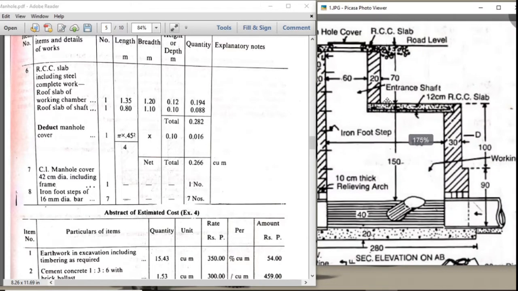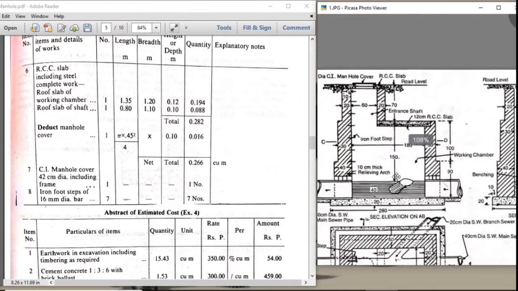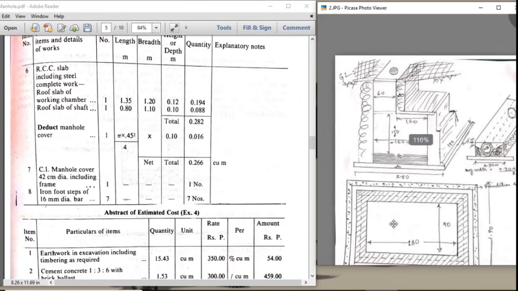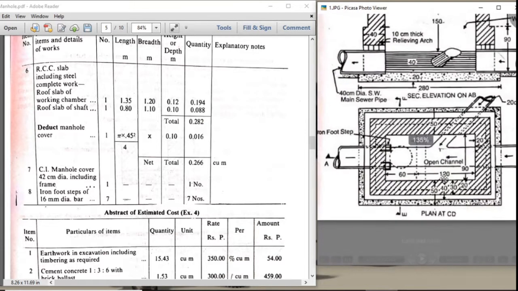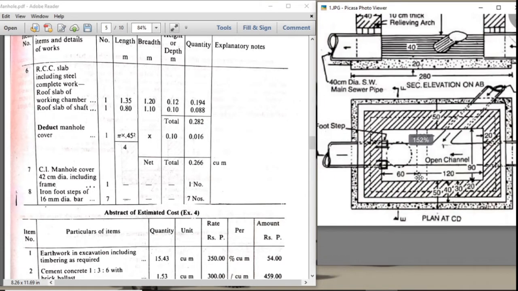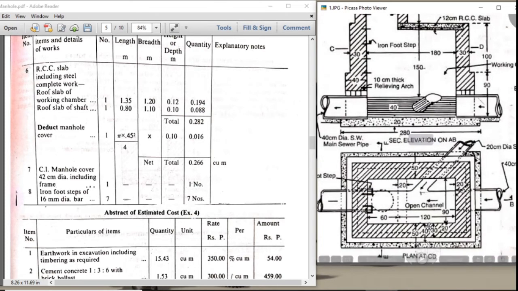So here, RCC slab of working chamber, how many numbers do we have? We have only one, so one manhole, one. So length is 1.35. How is this 1.35? See here. We know that the length is 120 up to here. Here in the plan you can see 120.